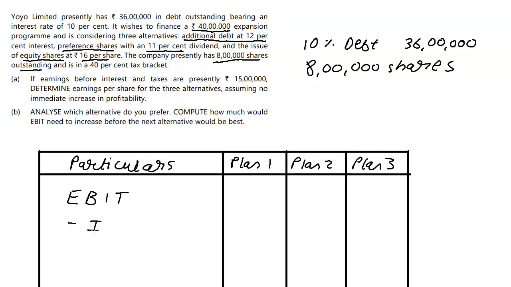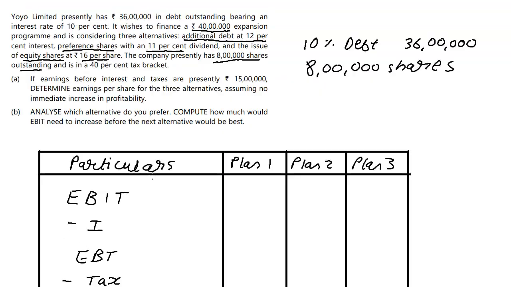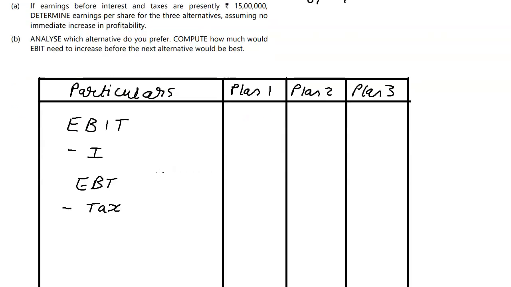EBIT minus interest will give us EBT. EBT minus tax, and they have given us a rate for tax, 40%. So I'm going to write tax at 40%. So it gives us EAT. Then we subtract preference dividend.